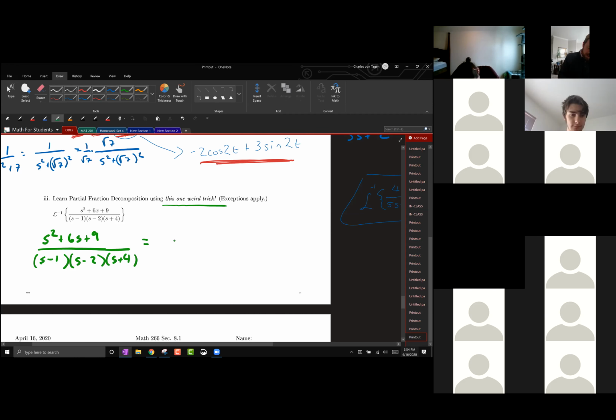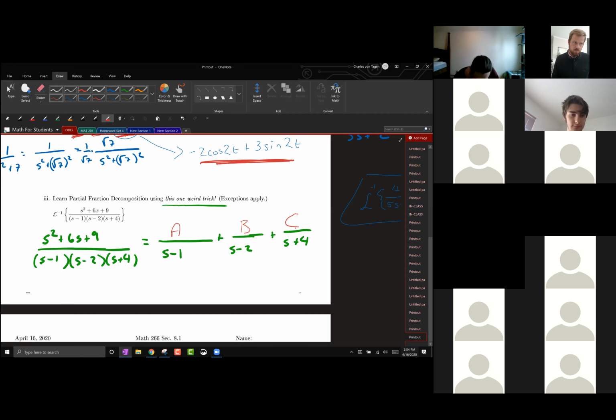We know that we want that to look like something over s minus 1 plus something over s minus 2 plus something over s plus 4. Normally what we do, just as a reminder, don't write this part down, normally what we do is we put A, B, C, and then we do all the work to figure out, we come up with a system of equations and we figure out what A, B, and C need to be, right?